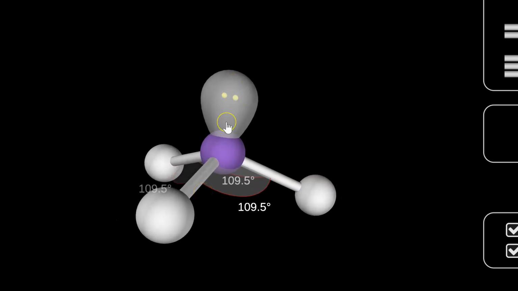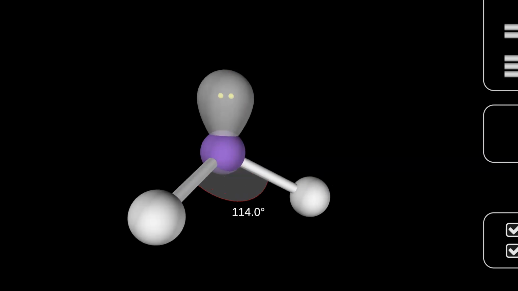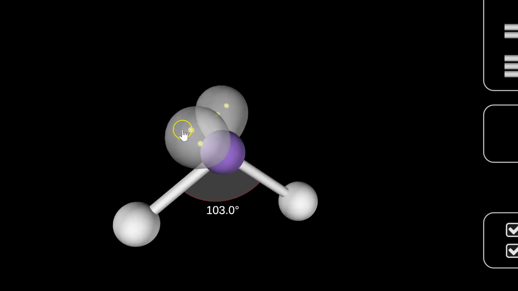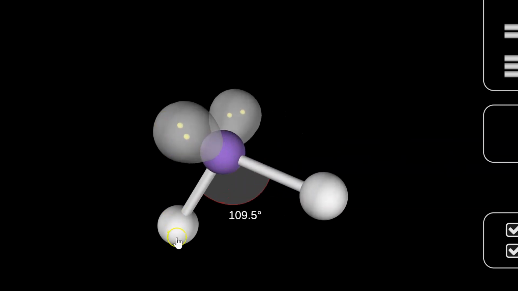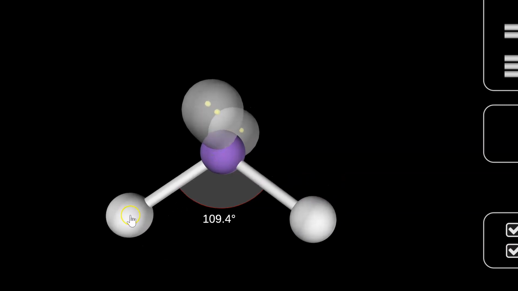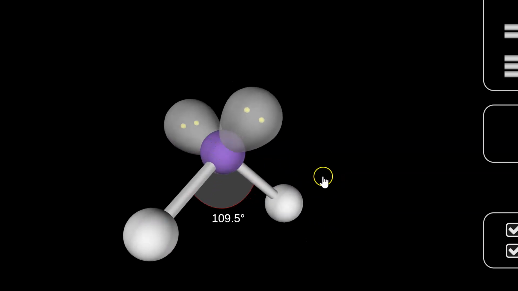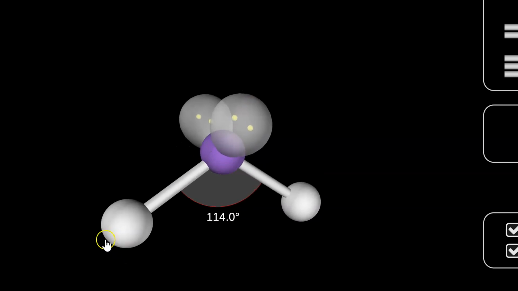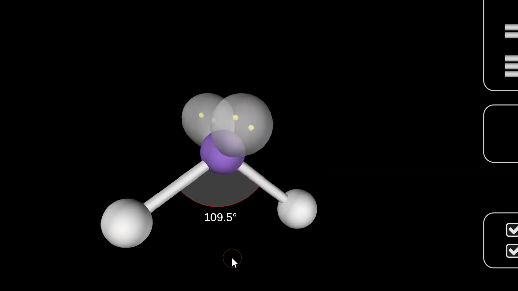And now the lone pair is pointing to the apex of the pyramid. And I can replace one of those single bonds with another lone pair. Now the bond angle is still 109.5 degrees. And the electron domains, whether they're bonds or lone pairs, are still pointing to the corners of the pyramid.